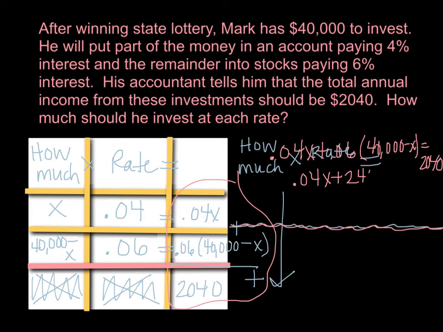I'm distributing my 0.06 in. I'm going to put my like terms together, and since I'm not going over the equal sign, I am not going to use my inverse property. It's just negative 0.02x.